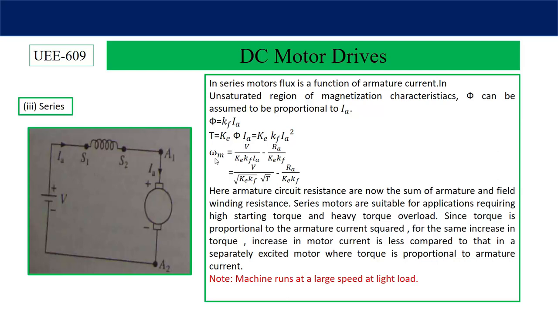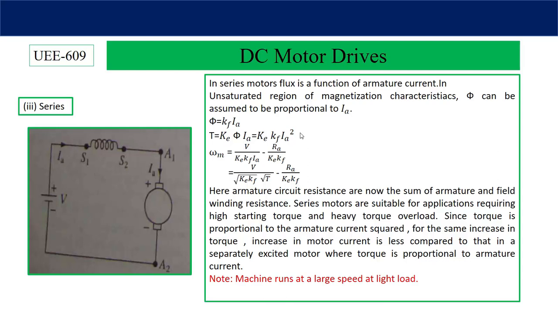So omega m, or the speed of the motor, is derived as V by square root of Ke Kf, which is a constant, square root of T, minus Ra by Ke into Kf. From this we can draw the torque speed characteristics. At the same time we can conclude that torque is directly proportional to armature current square.